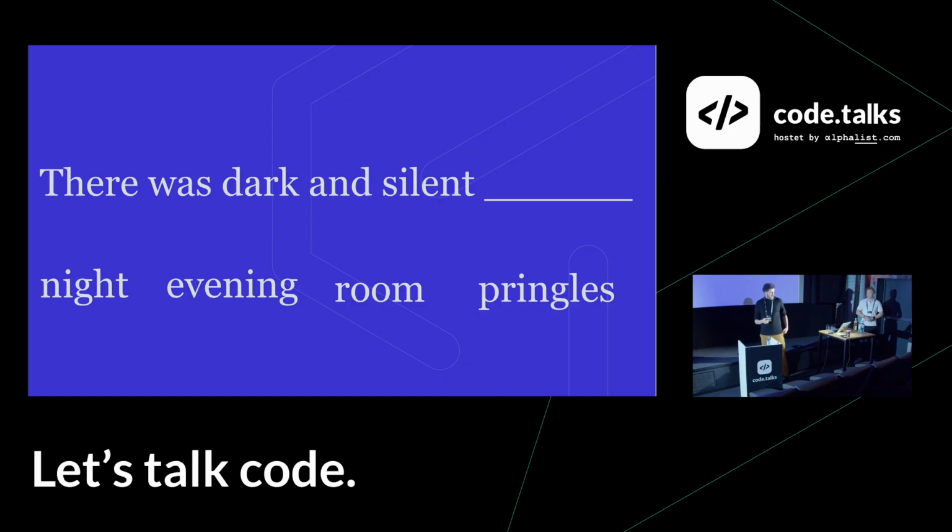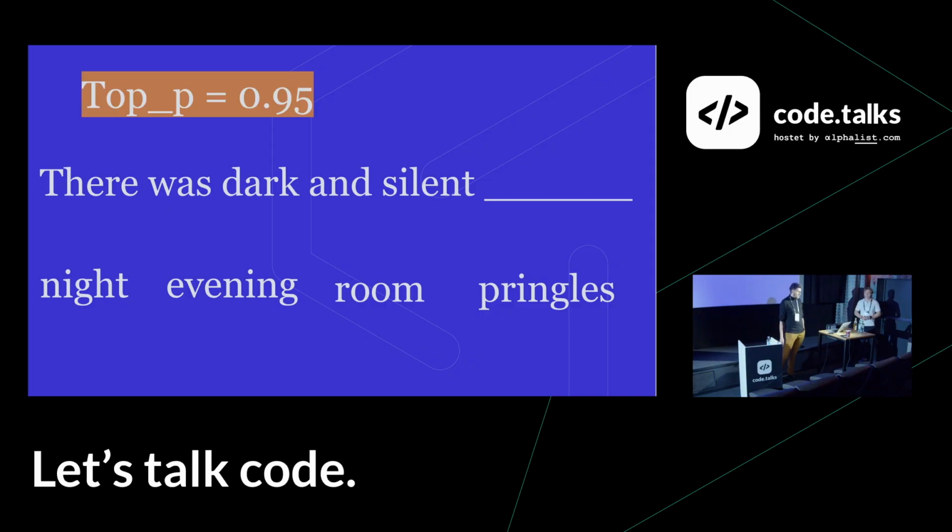And you can think of words which make sense, like night, evening, room, street, corner, and you can think of words which do not make that much sense, like Pringles.